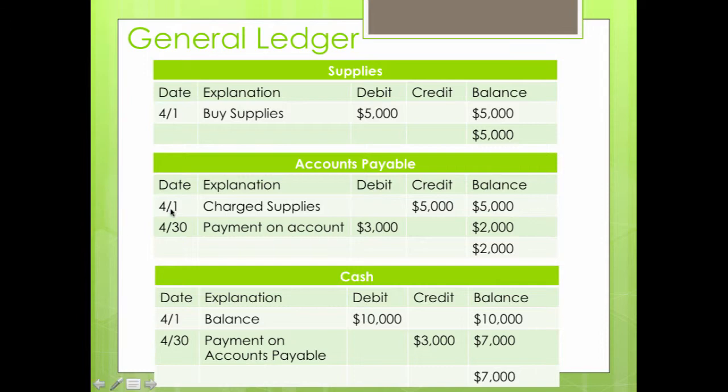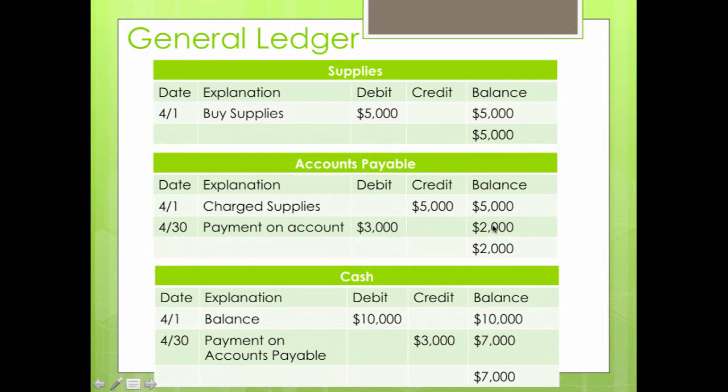So on April 1st, you charge supplies on the accounts payable account for a credit of $5,000, and the balance was $5,000. And on April 30th, you made a payment on that account for $3,000 as a debit, so your new balance is going to be $2,000.